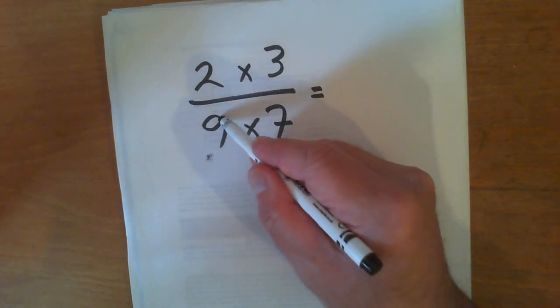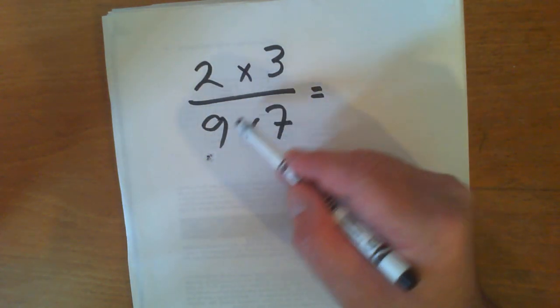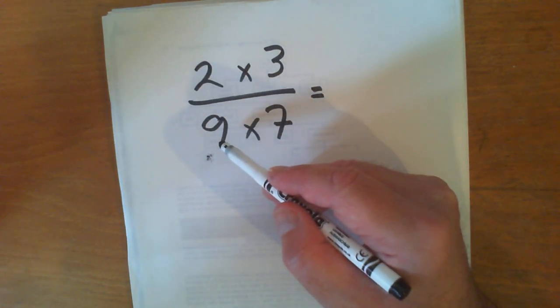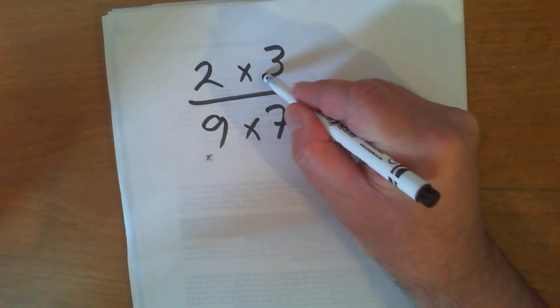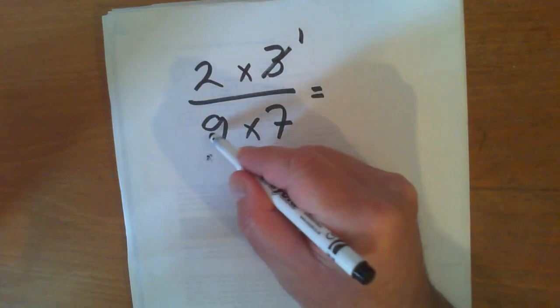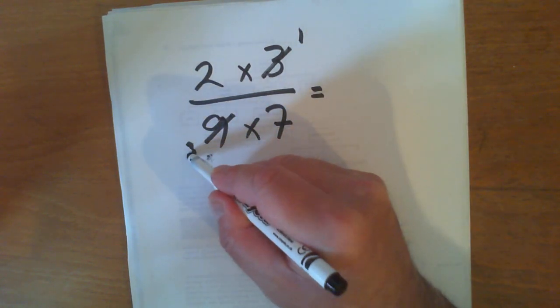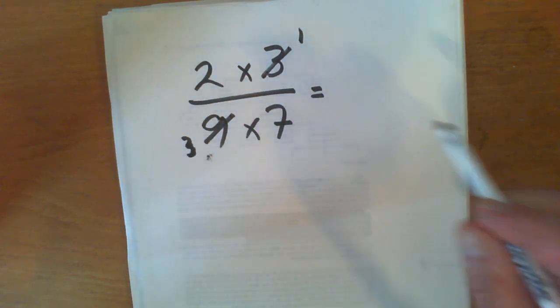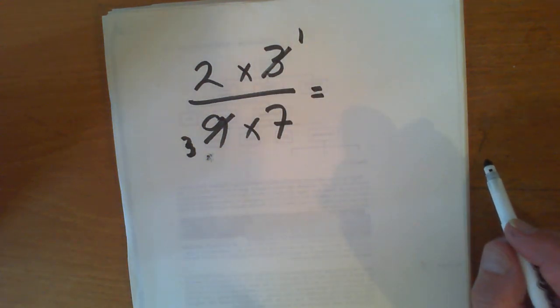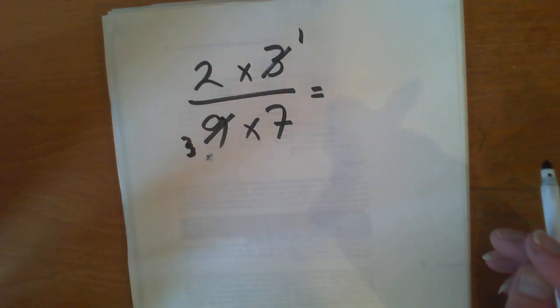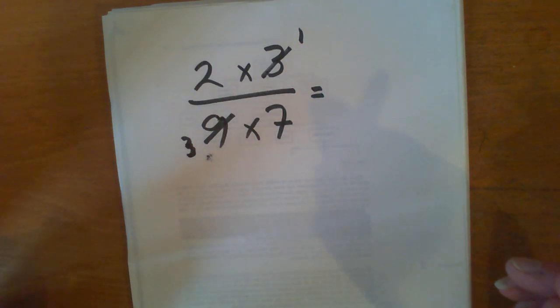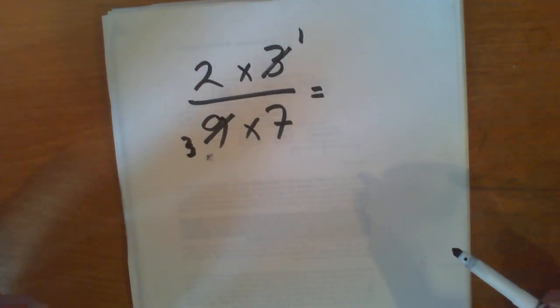So what I can do is I can say, okay, there's a 3 there and a 9 there. There's a common factor there of 3. So I'll divide that through by 3 to give me 1, and I'll divide that through by 3 to give me 3. And there are no other common factors there.